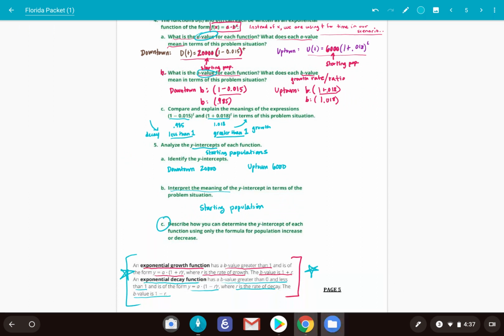So for C, to describe how you can determine the y-intercept in each function using only the formula. So if you were given the formula only, you weren't given any written information, you just had the population of downtown is equal to 20,000 times 0.985 to the t power, you can just look at the a value.